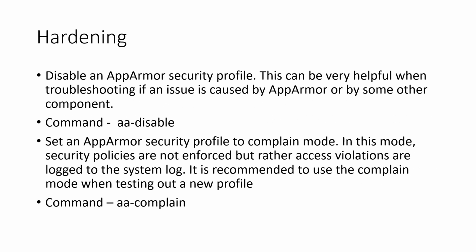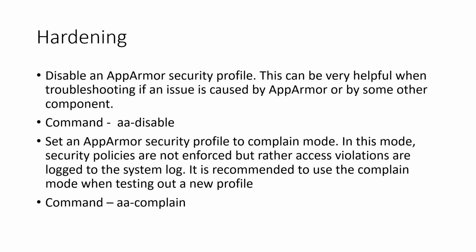So these are some hardening things that you could do. Disable an AppArmor security profile. This could be very helpful when troubleshooting if an issue is caused by AppArmor or some other component. The command you can use for this is aa-disable. And set an AppArmor security profile to complain mode.